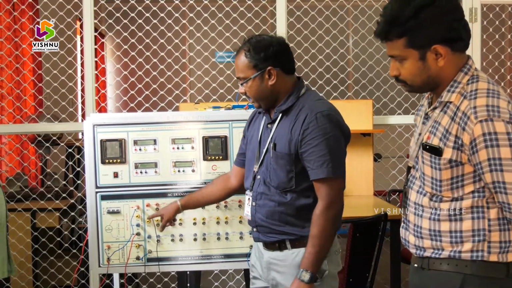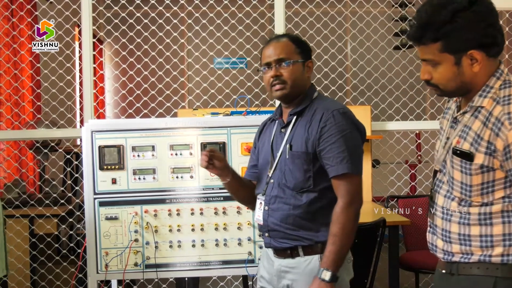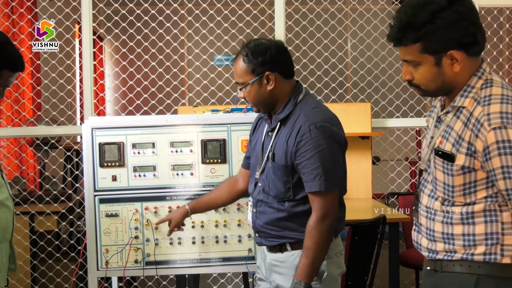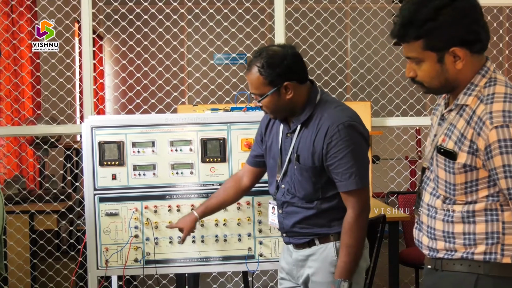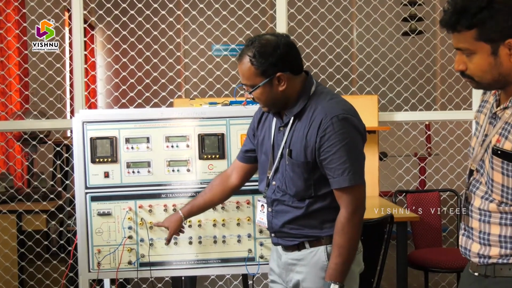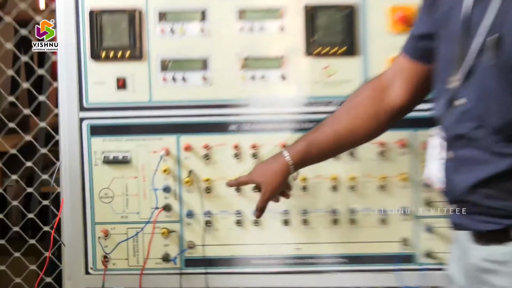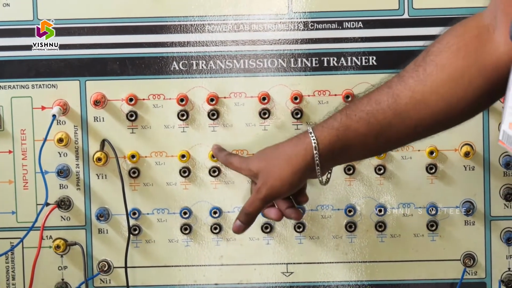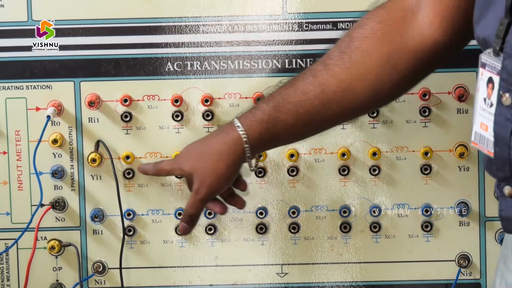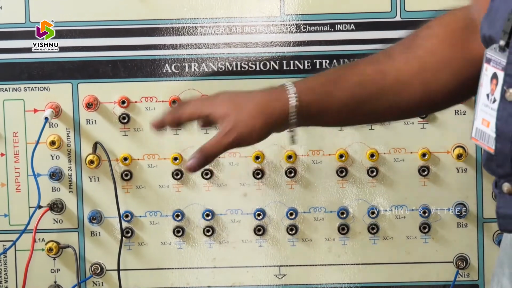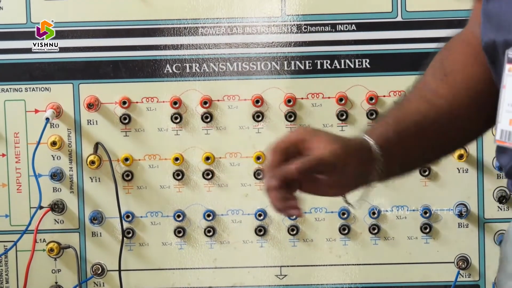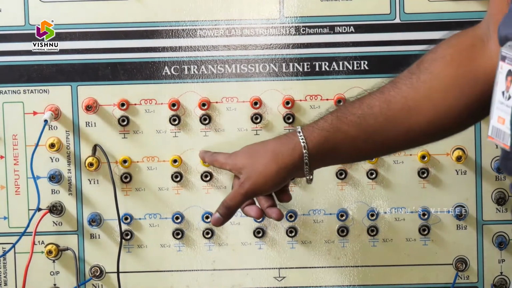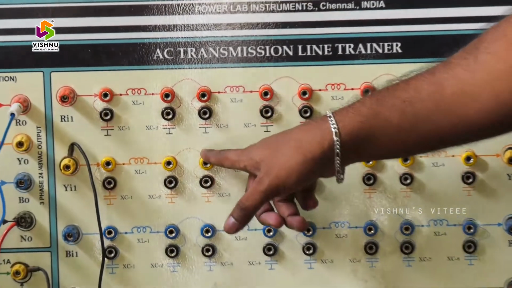In our transmission network we have a resistance parameter in the first case. Here if you observe these two lines, there are some dotted lines and some dark lines. This dark line indicates there is no requirement of external connection, and this dotted line indicates there is a requirement of external connection if we need it.